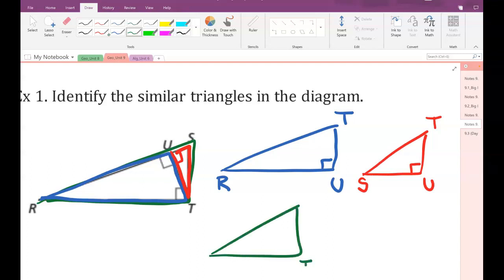So this is T, S, R, where T is our right angle.